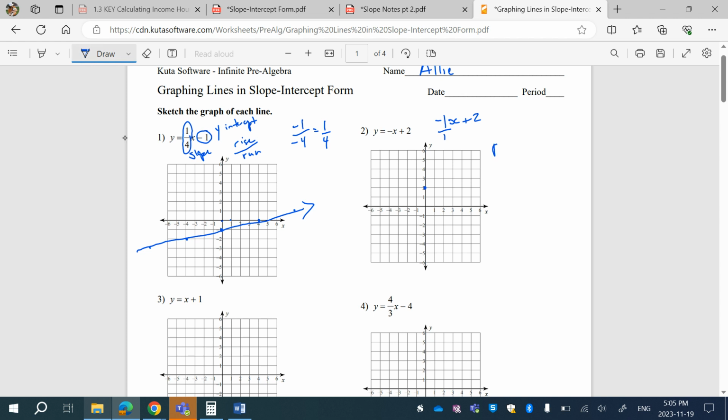So let me do positive equals up, and it equals right. And negative equals down, and equals left. So we have our -1, and our run, +1, is going to go right.